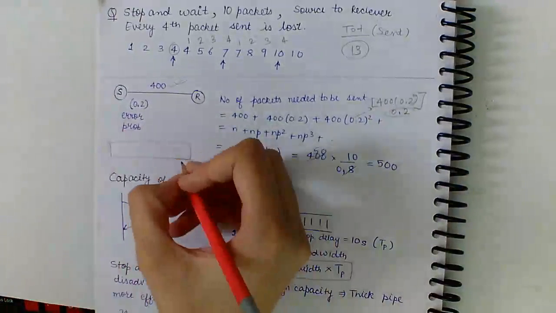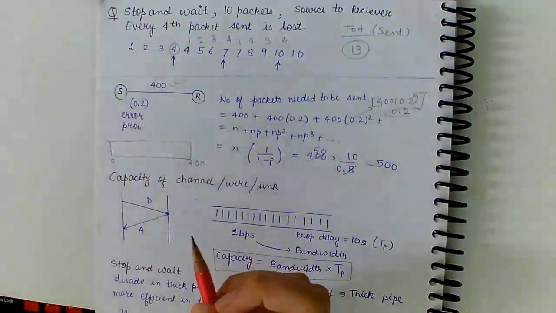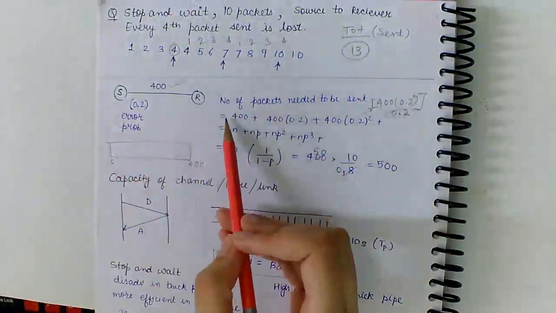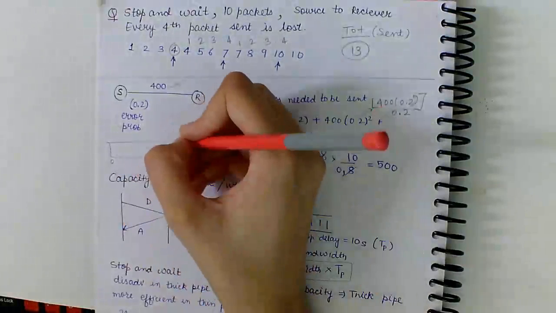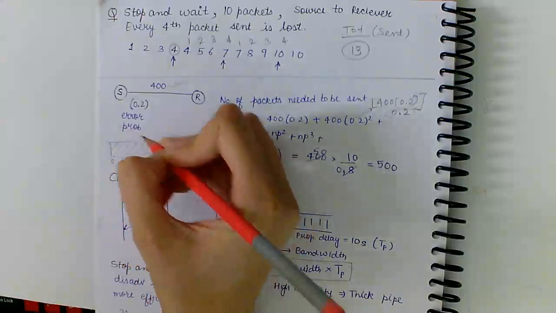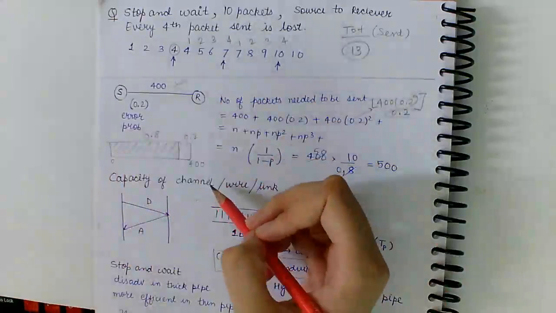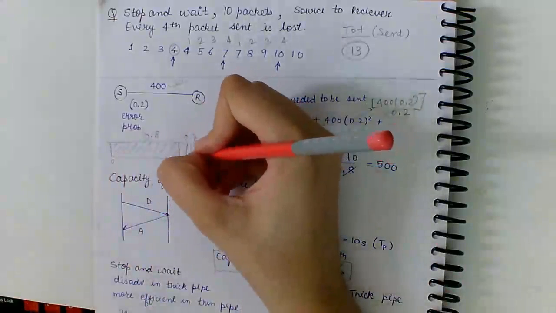To get this better, let us assume that this whole section is 400 packets. Now first time we send this many packets, that is 0.8, and this 0.2 is remaining.